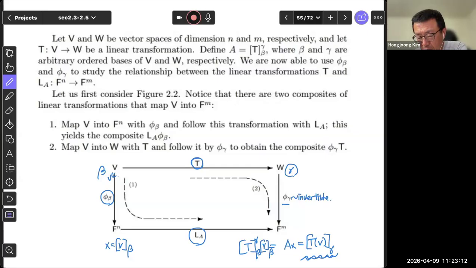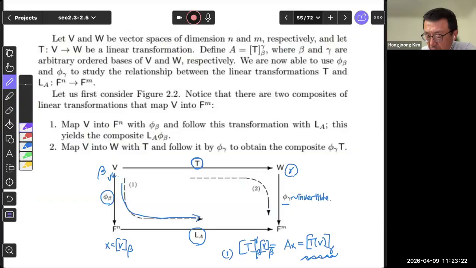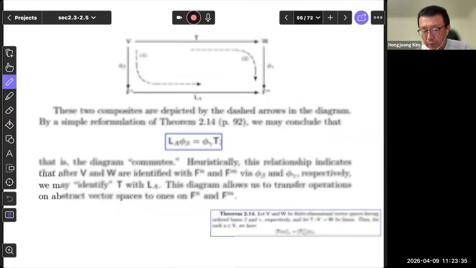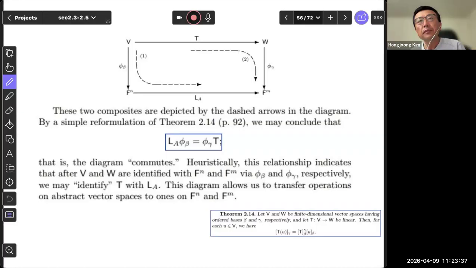So the left hand side is the calculation obtained from the first approach, and this second approach evaluates this part. And these two are the same.